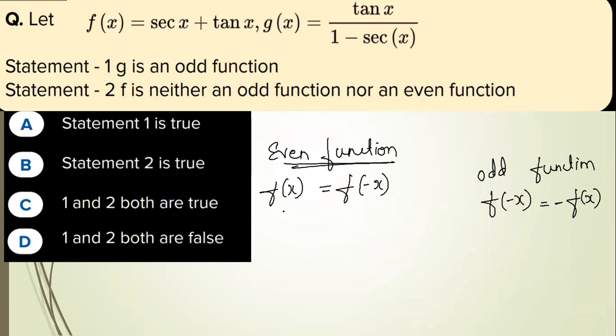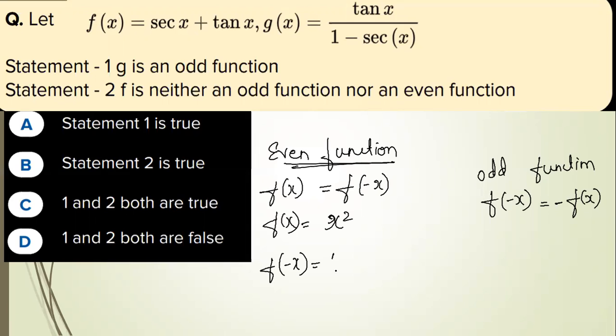So for example, for even function, if you have a function f of x is x square, to check whether it is an odd or even function, what you have to do is wherever you have x, replace it by minus x.